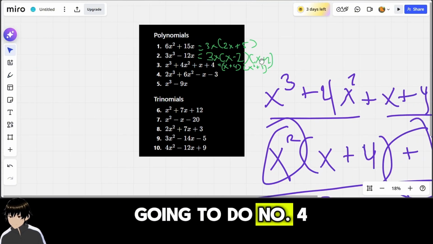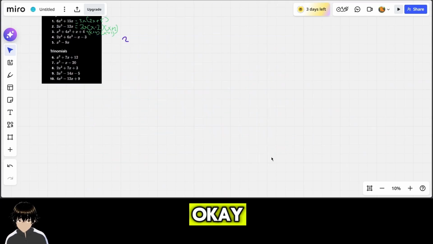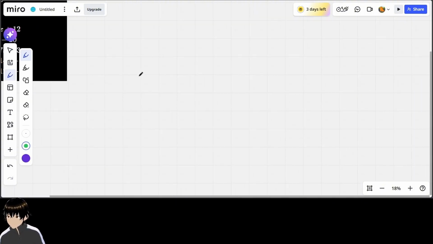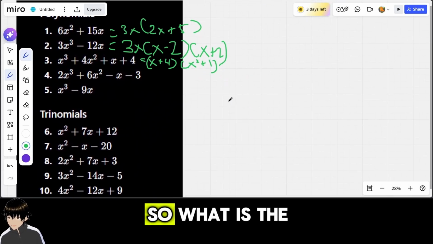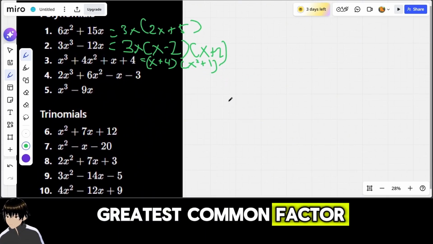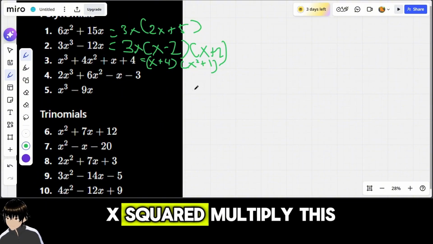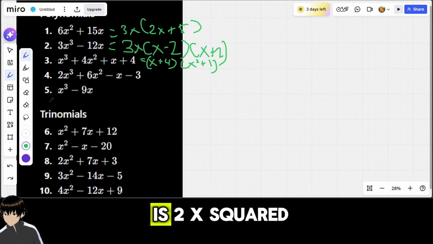So now we're going to do number 4. So what is the least common factor here? Okay, so we have 2x squared. I believe that's what the least common factor here is, 2x squared.